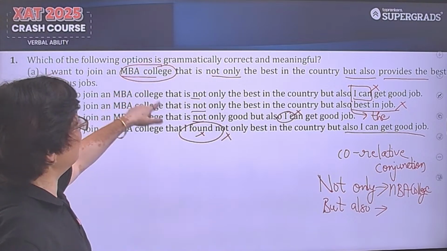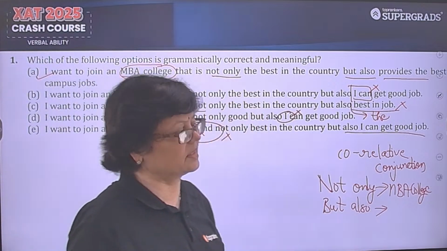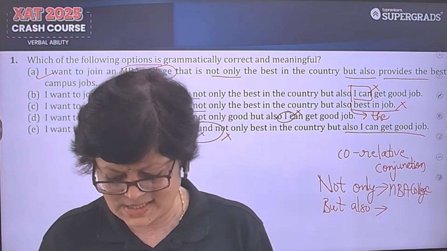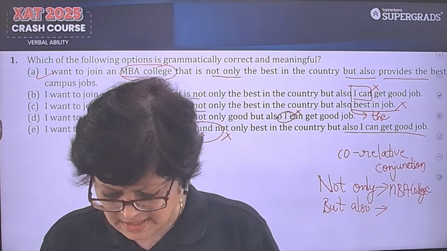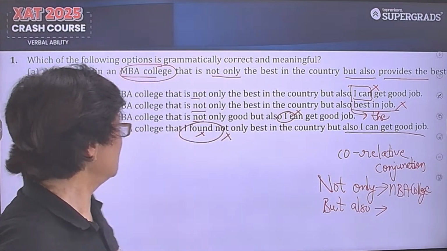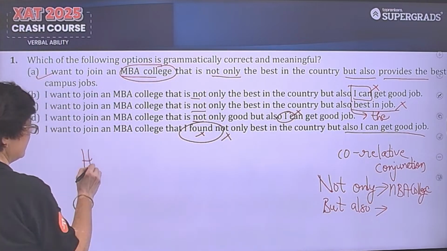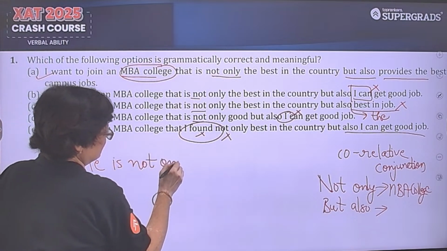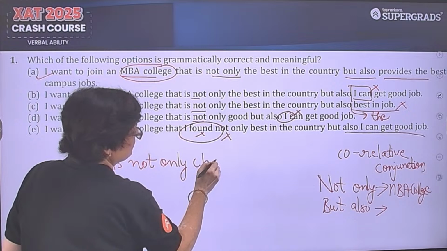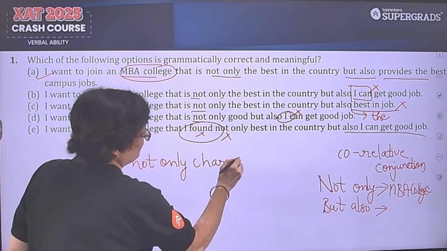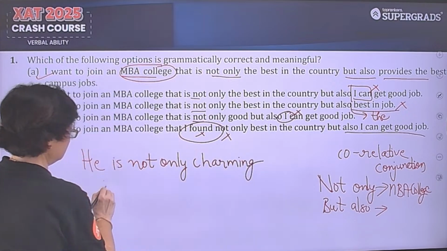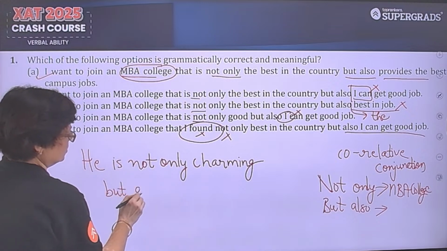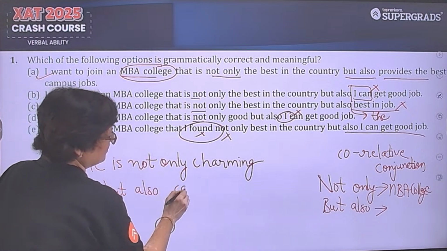I want to join an MBA college that is not only the best in the country, but also provides the best campus jobs. For example, if I say he is not only charming, but also caring.